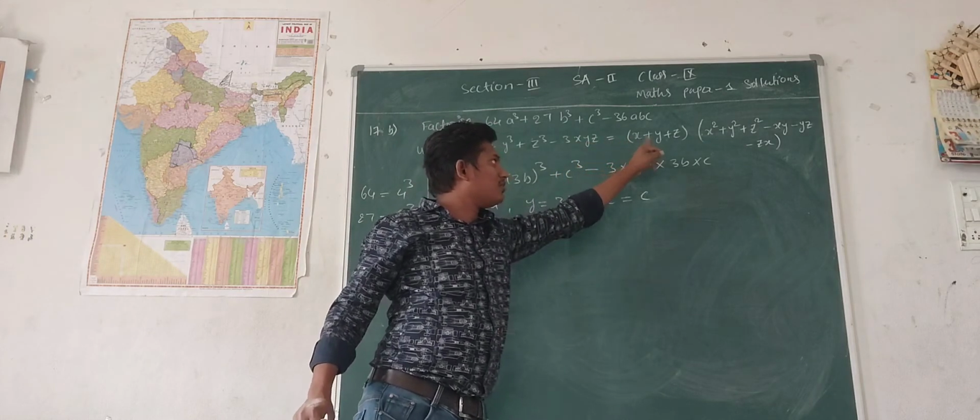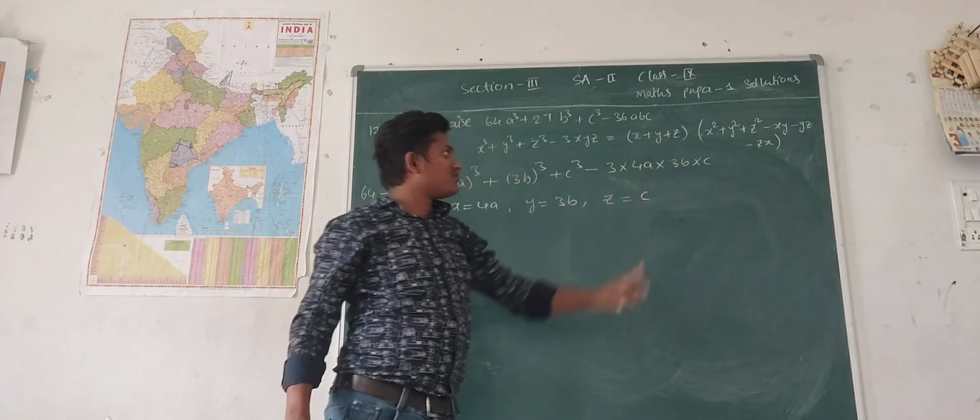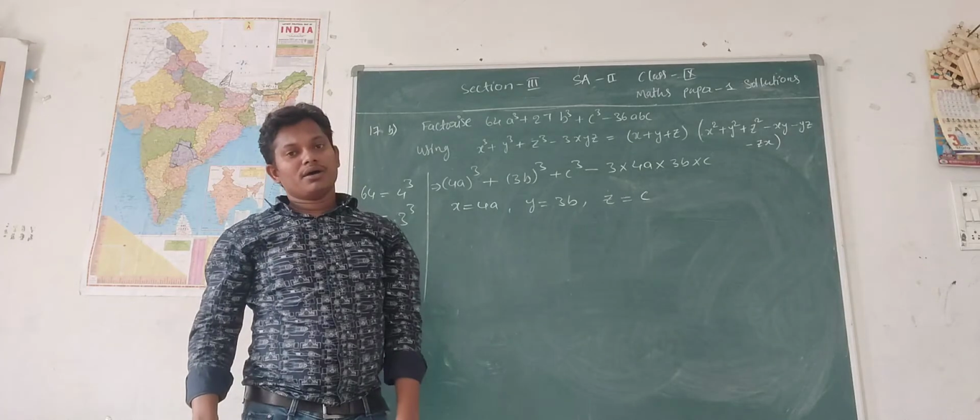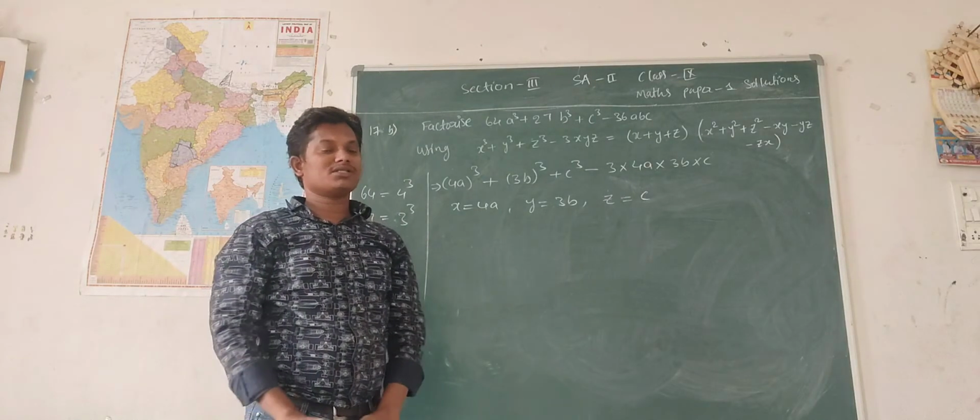This becomes x plus y plus z into x square plus y square plus z square minus xy minus yz minus zx.